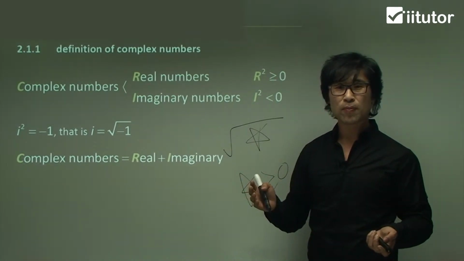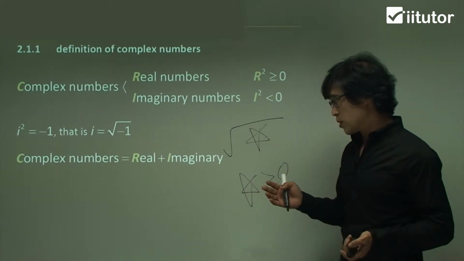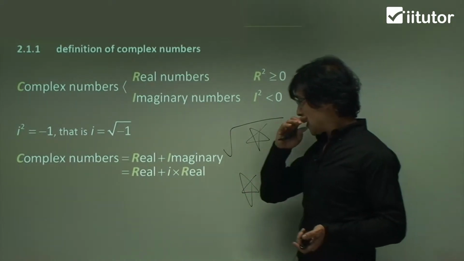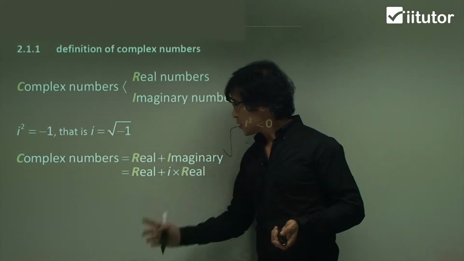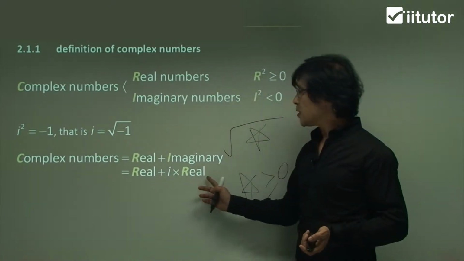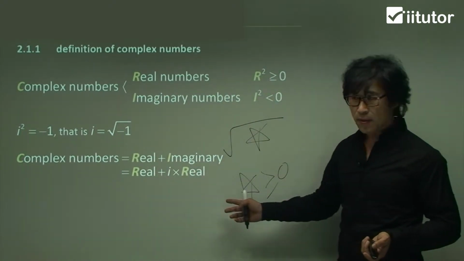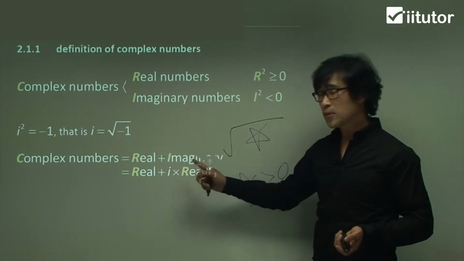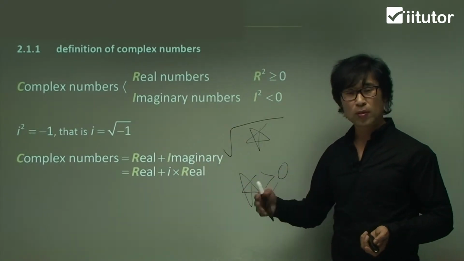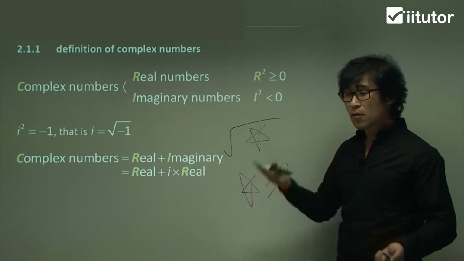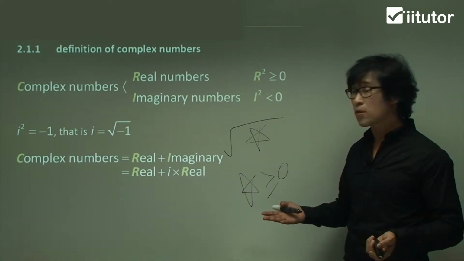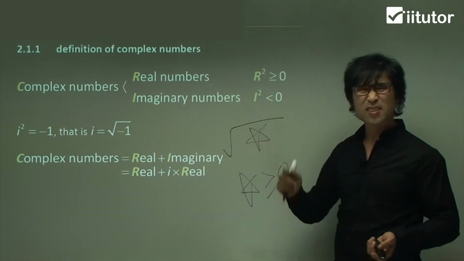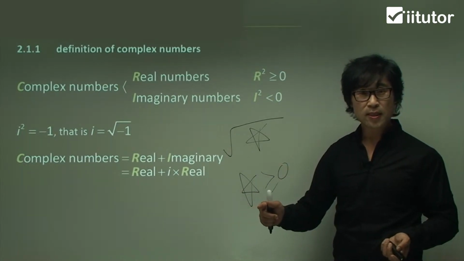There's no problem. You can also consider this form: a complex number is a real number plus an imaginary number, where the imaginary number is defined as i times a real number. That's also quite possible. There are a lot of different variations in defining the complex numbers, but this is just the start. Understand that, guys?